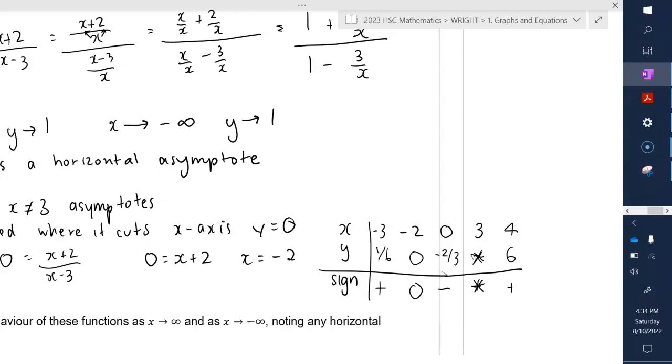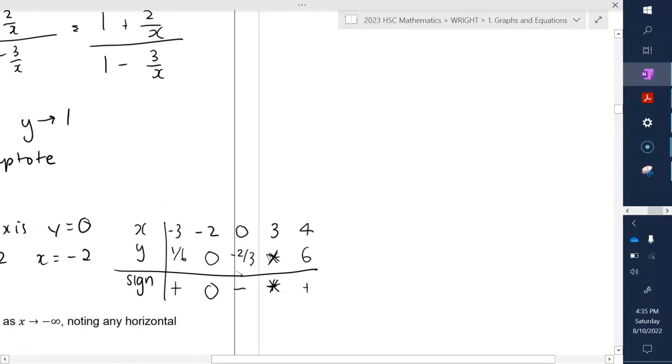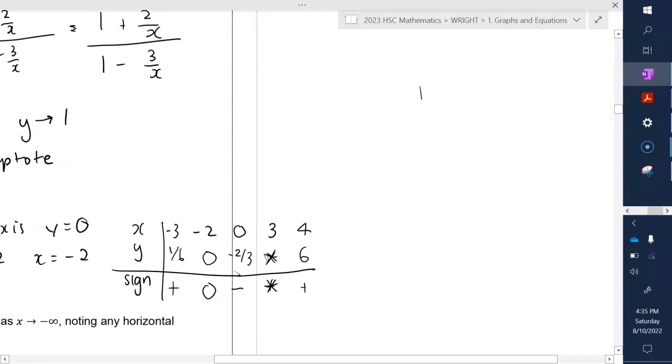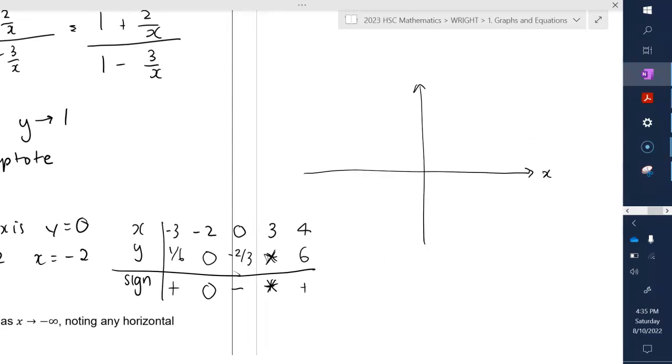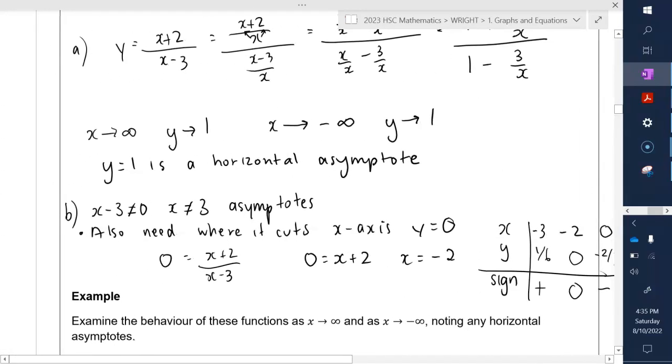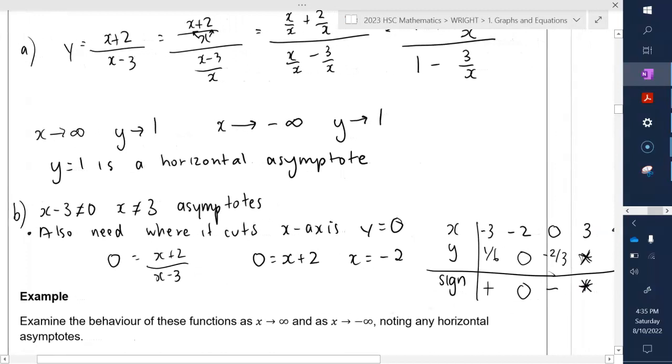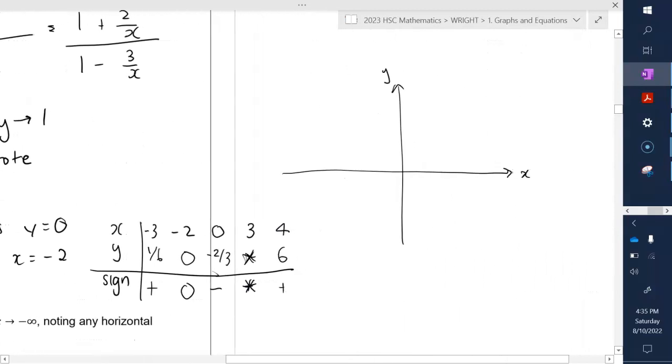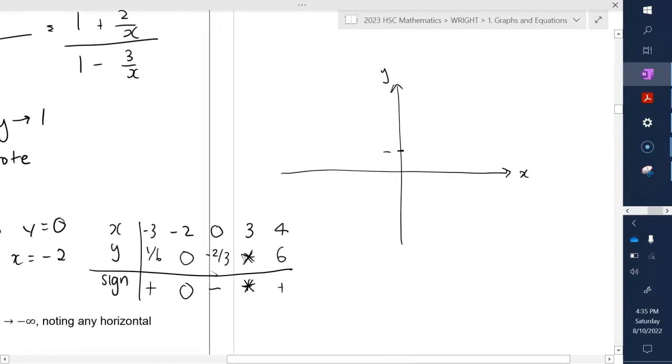Let's see if we can actually sketch it. If you've got room there, I'm going to do one over to the side over here. Let's see what we know. So the first thing we looked at was we found our horizontal asymptote is at y equal to 1. So we've got a horizontal asymptote in here at 1.